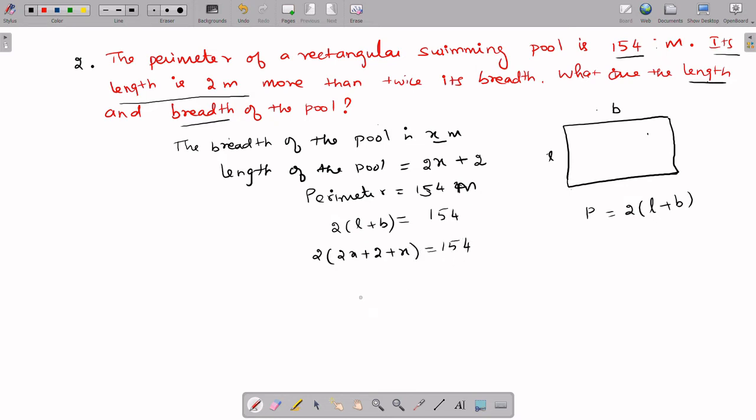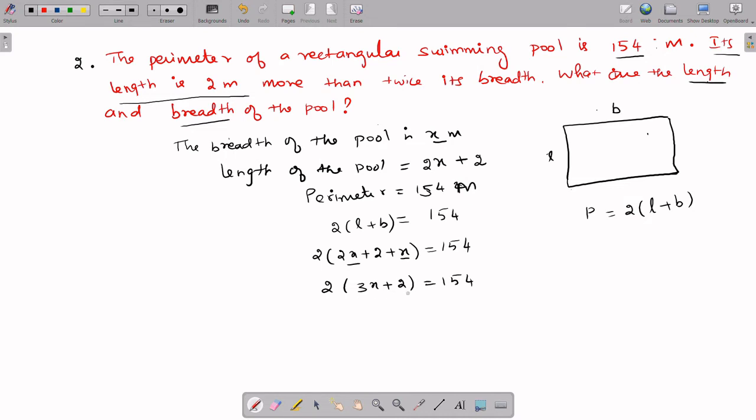Okay. So you have 2 times, 2x plus x is 3x. 3x plus 2 is equal to 154. When you write 2 times the bracketed value of 3x plus 2, meaning 2 is multiplied by these two terms.